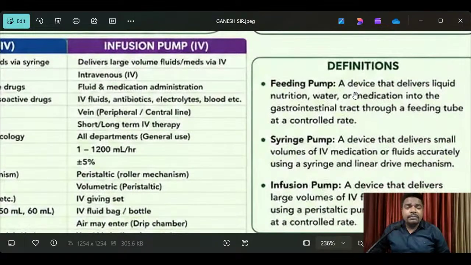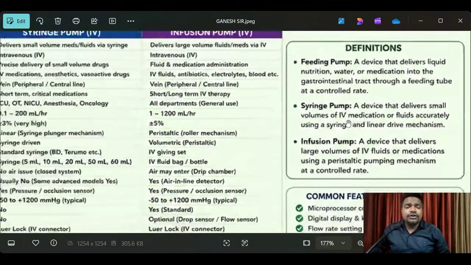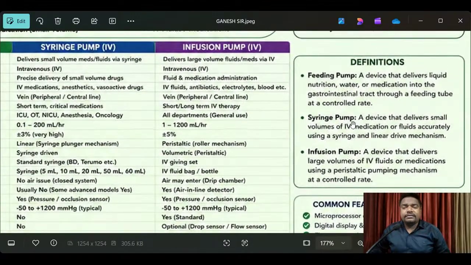Next, I want to show you the definitions, because you should know a simple line. First of all, feeding pump: a device that delivers liquid nutrition, water, or medication into the gastrointestinal tract through a feeding tube at a controlled rate.